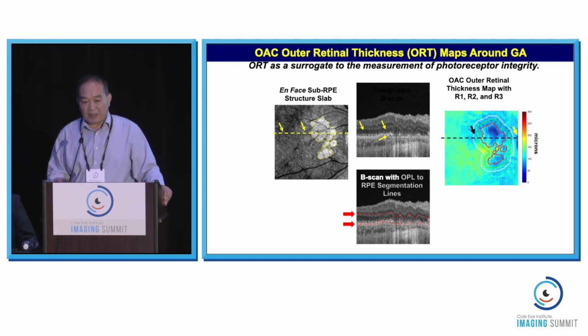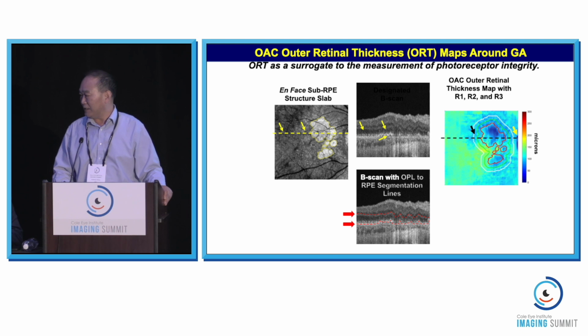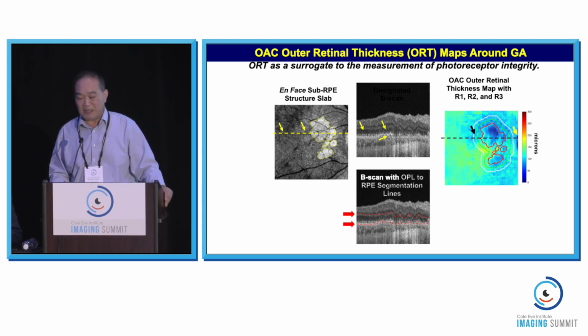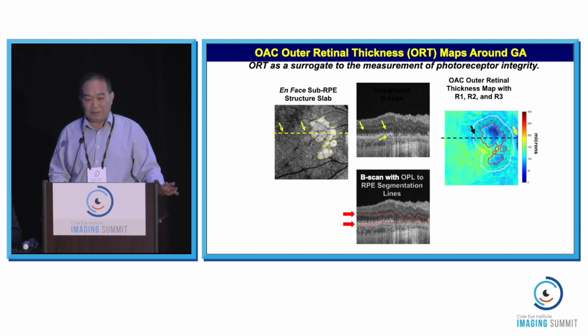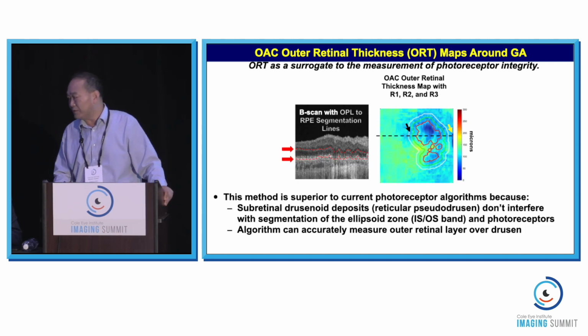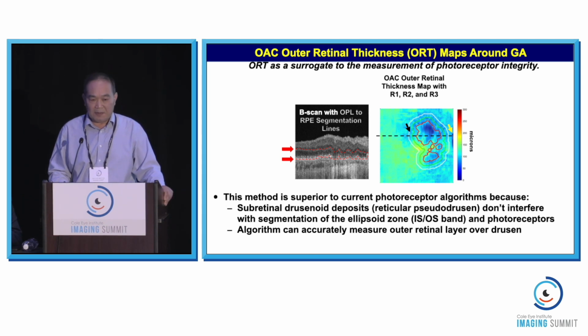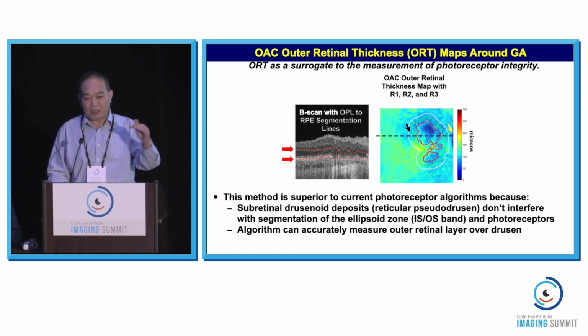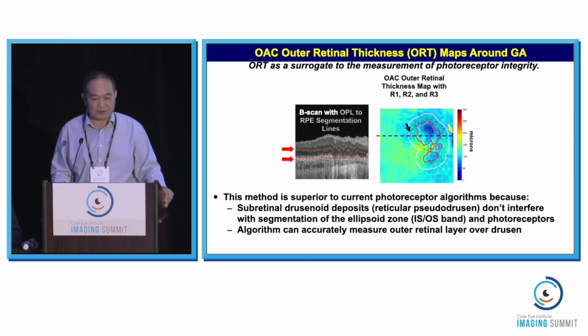And as Justice mentioned, they developed a machine learning algorithm to quantify the photoreceptors. But we believe that the quantification of the photoreceptor can be quite difficult. And here we propose to use the outer retinal thickness as a surrogate marker to measure that.